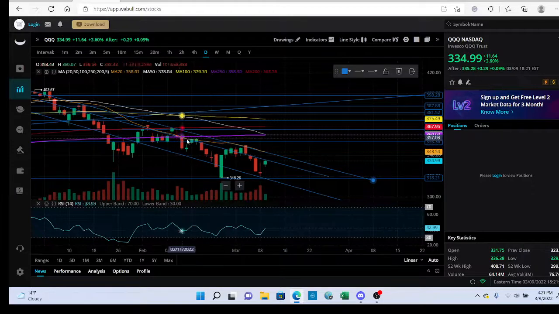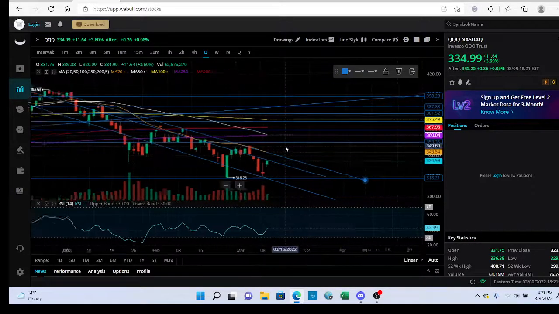And eventually I would want to see us break this 354.55 area and then get above the 50-day moving average at 360.77. So from where we're at right now, the NASDAQ QQQ has quite a bit to go.